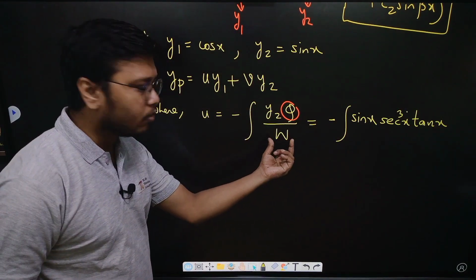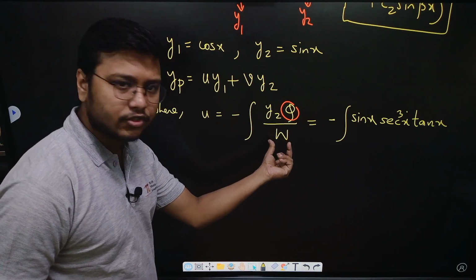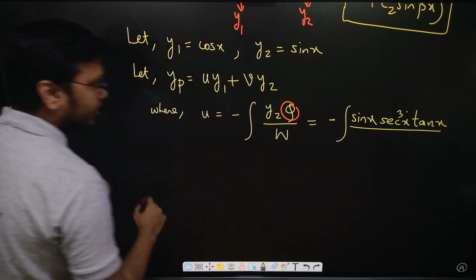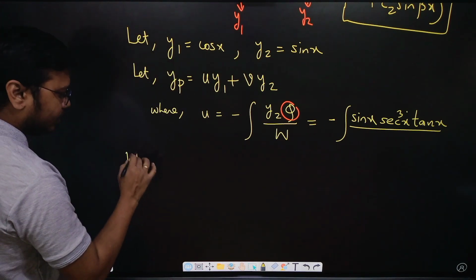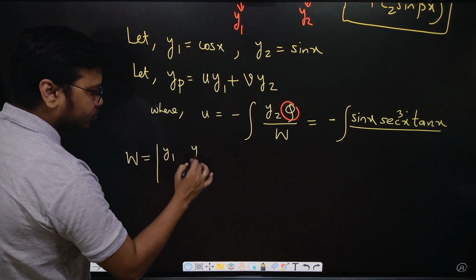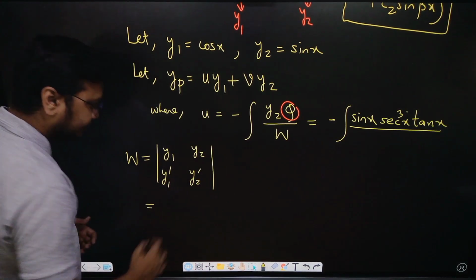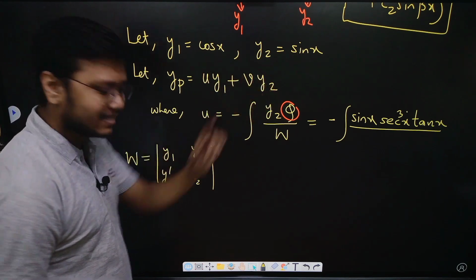Now, I also need the Wronskian at the same time, because without the Wronskian I cannot get the denominator. So I'll quickly find the Wronskian here. W was the determinant of y1, y2, y1', y2'. y1, y2 is cos x, sin x.